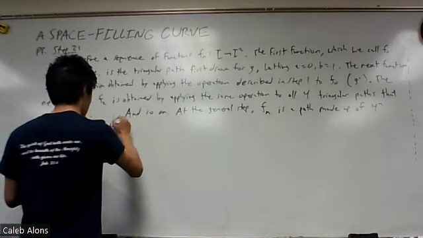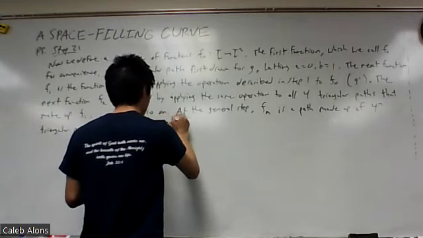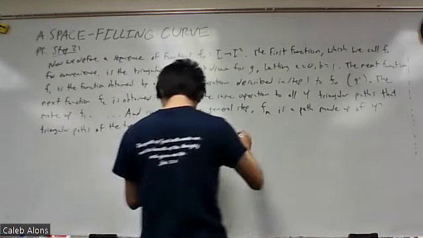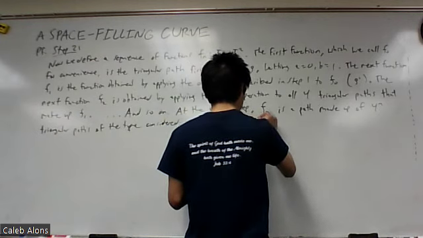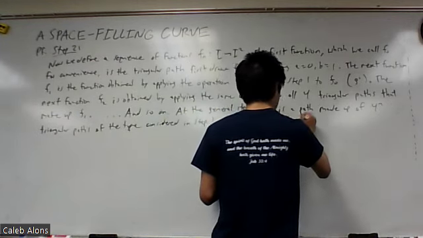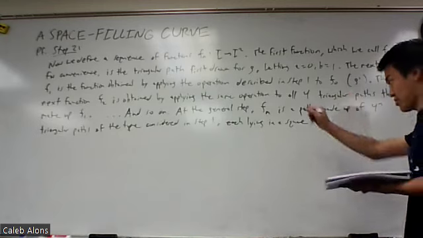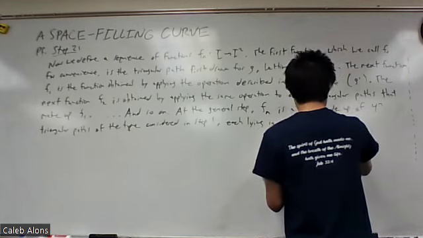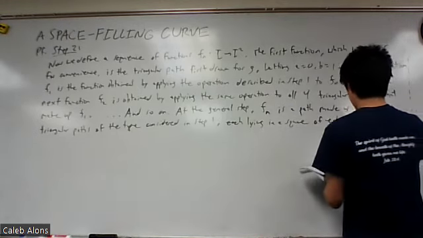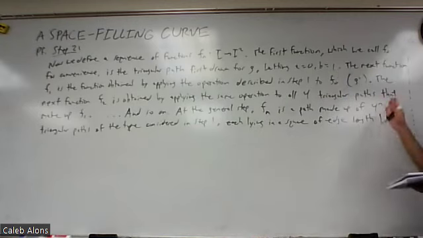Of the kind considered in step 1. Each line in a square, and this will be important for later. And you'll see visually how the actual size of the squares that the triangular paths are in shrink and shrink and shrink. And so we can actually just say that the squares have an edge length of 1 over 2 to the n. So we keep halving the length every single time that we do it again.